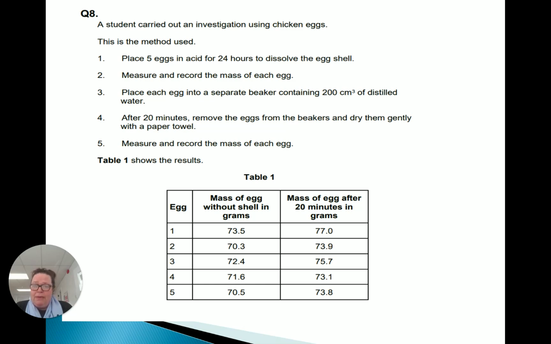Then they're recording the mass. Then they're putting it in distilled water. Then they're taking them out, drying them with a paper towel and recording the mass. So what you get here for this one is the mass, because they're all going in distilled water here. The mass is going up, it's increasing.